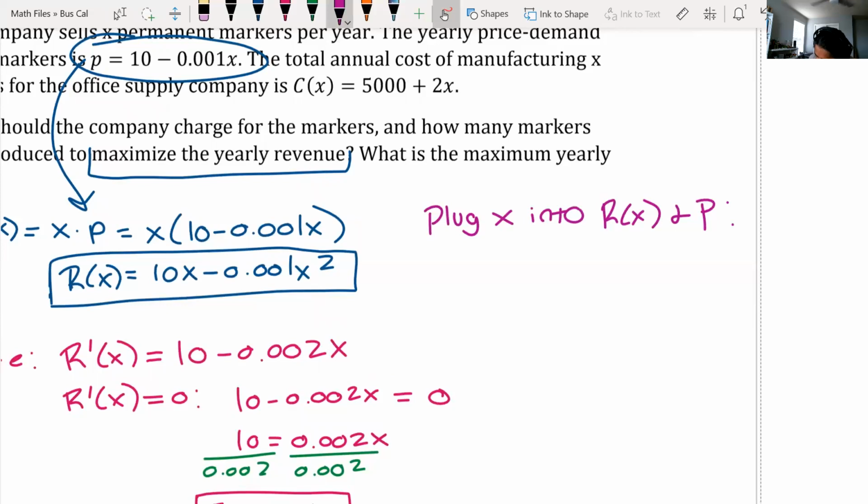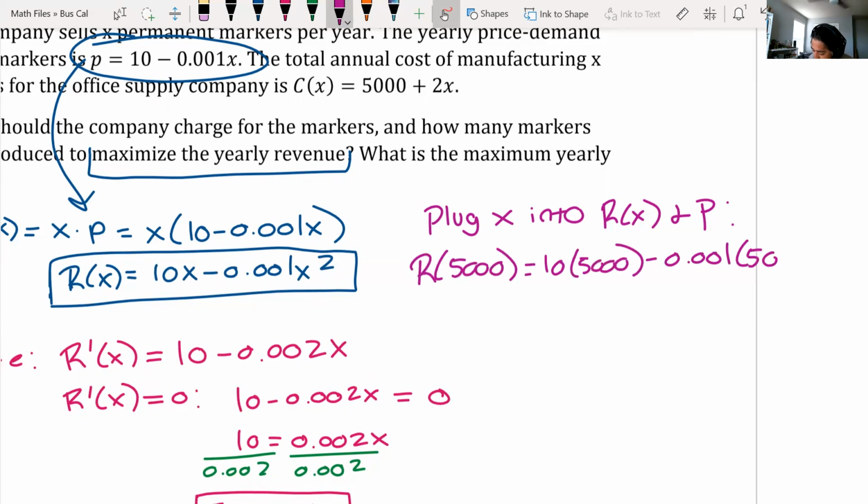We'll have R of 5,000, and that'll give me 10 times 5,000 minus 0.001 times 5,000 squared. And let's see what that gives me.